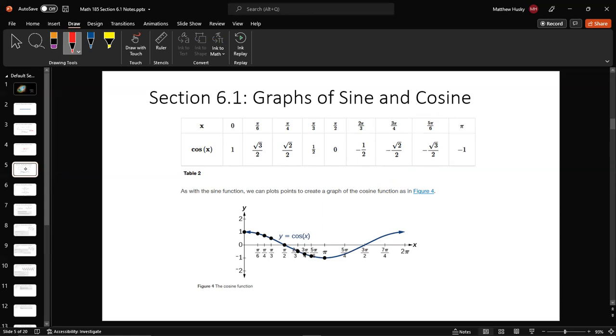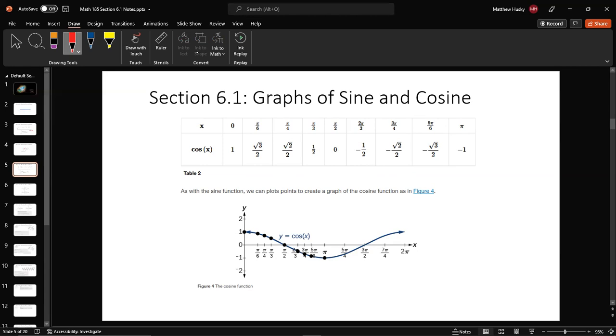Here's a very similar table for cosine. Cosine actually starts at the top. It starts at 1. It starts going back down to like 0.87, 0.7, down to like 0.5, and it keeps working its way down until it gets to 0.